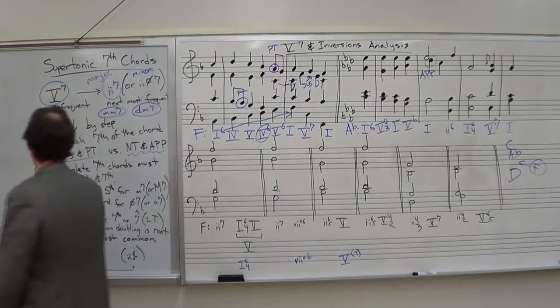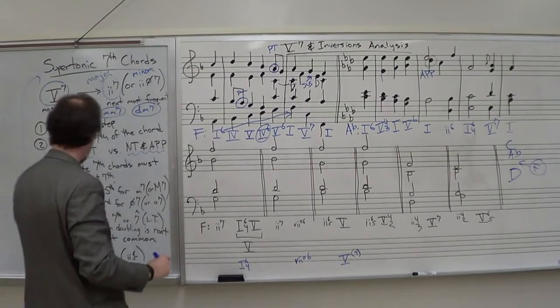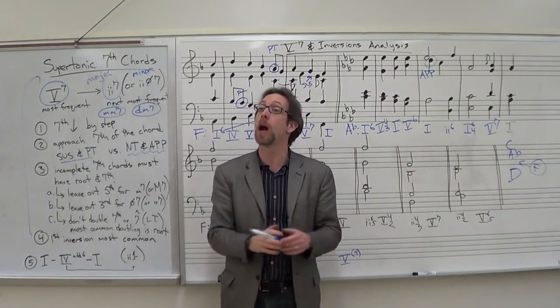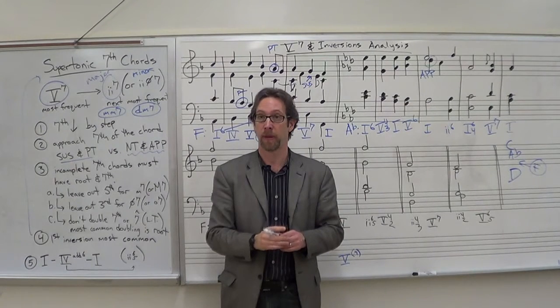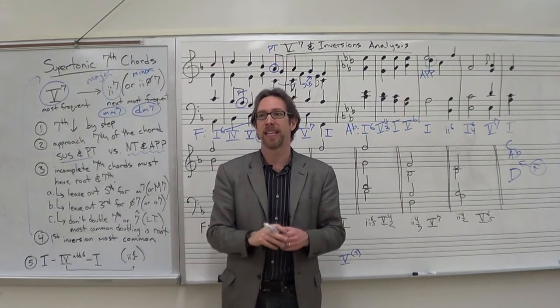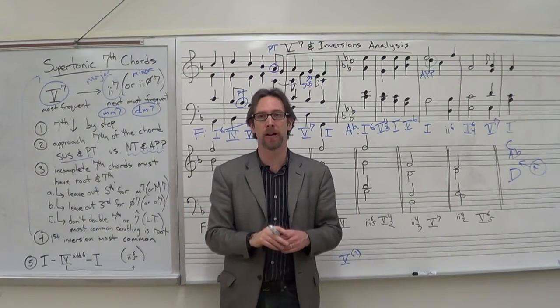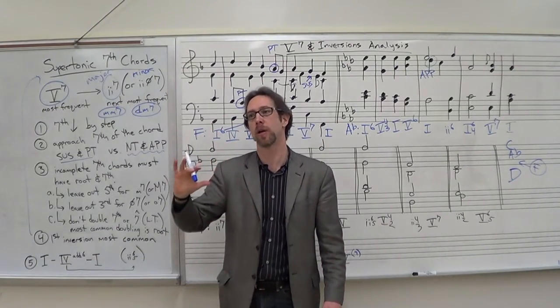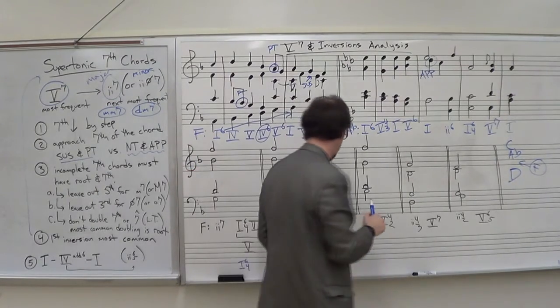For the supertonic 7th chord, first inversion is by far the most common position you'll find it in, even more common than root position. The reason for that is that the similarity between a 2-6-5 and a 4 chord is very similar. There's a lot of similarities.